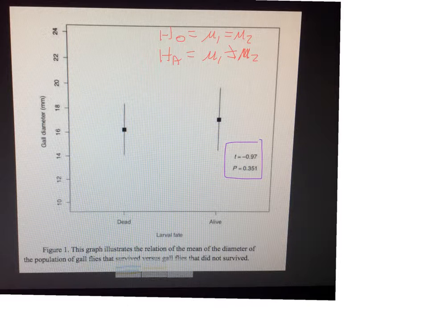Or if it's important that one thing is higher or lower than another, then sometimes we might write that the first mean is greater than the second mean or something like that. A simple example would be if we're trying to compare test scores for two different classes because we think that one teacher's maybe better than the other.